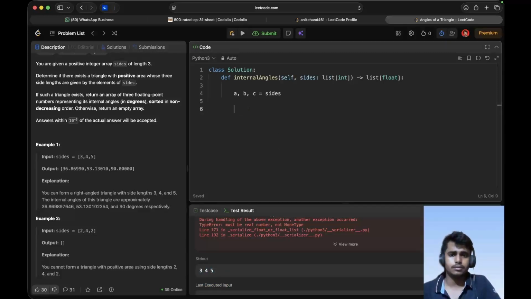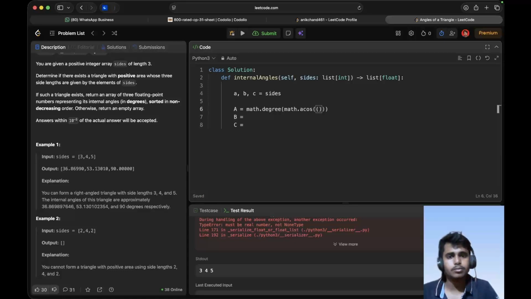Now suppose the angles are A, B and C. A is equal to math.degrees of math.acos, means cos inverse.